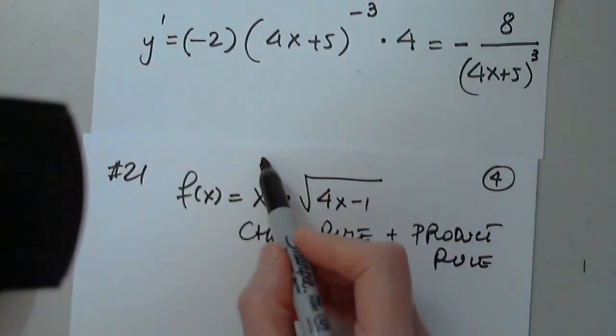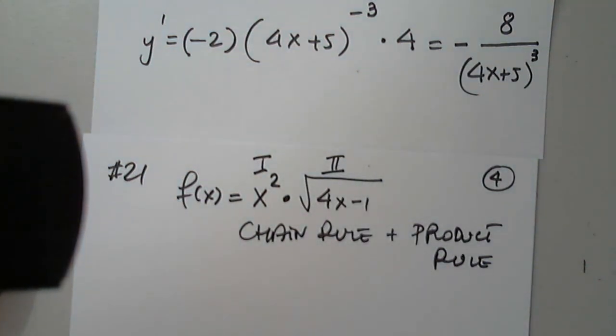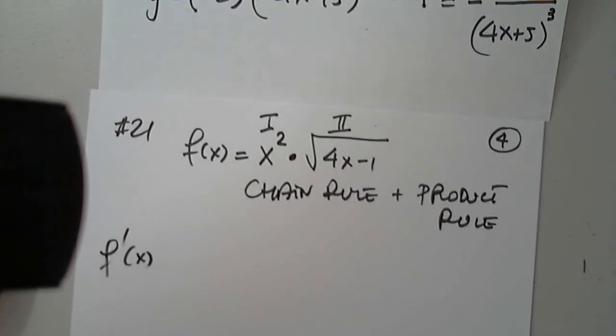Yes, because this is function 1 and this is function 2. So now I have to use the product rule and then eventually the chain rule. So let's do that. f prime. Do I need to refresh your memory on the product rule? Yes. Very good.